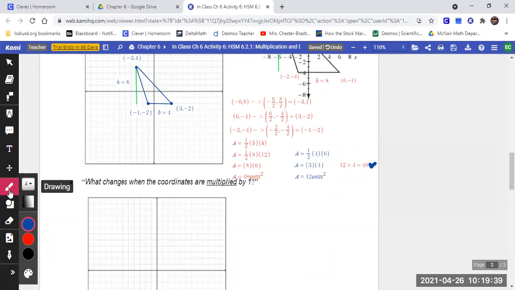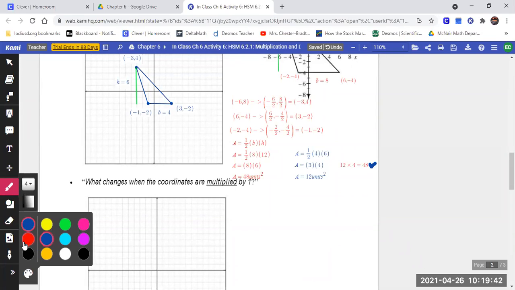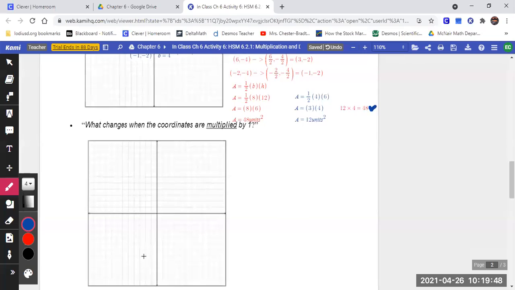So what were those coordinates? We get to make blue dots for them though. -6, 8. Okay. 1, 2, 3, 4, 5, 6, 8. And then we had a 6, +6, -4.